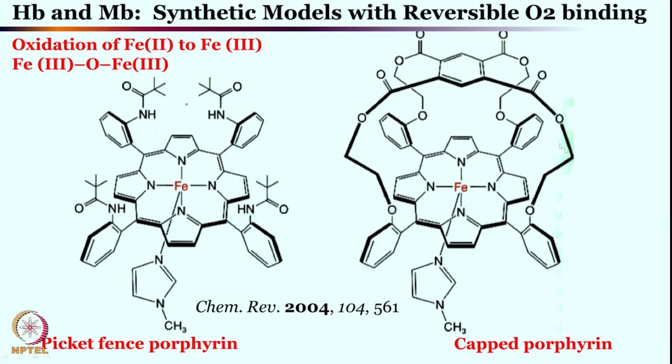Also there is this capped porphyrin, as you see, it is a really nice drawing and a really nice molecule, as if there is an umbrella in front of the iron site which is protecting it from another molecule of these coming very close to each other. So, this proximal site is blocked by the histidine and the distal site is open where oxygen binding can happen.